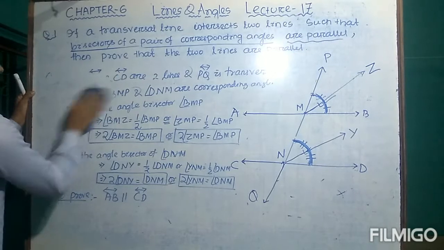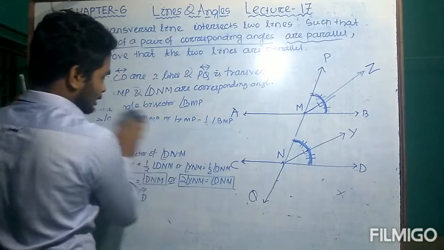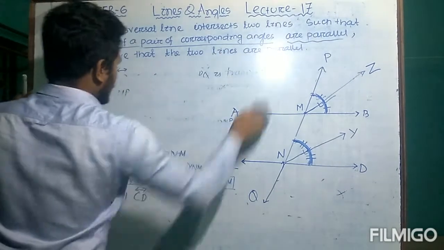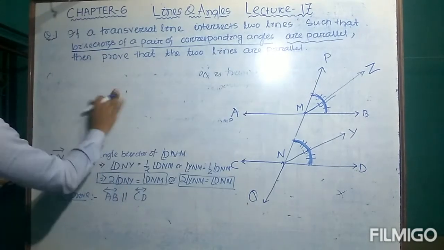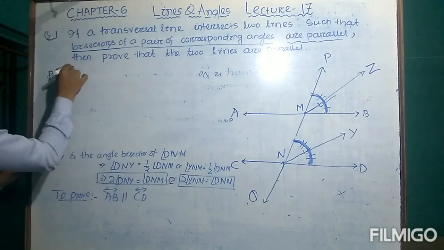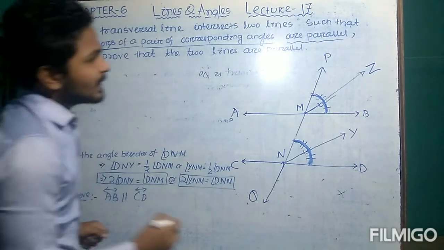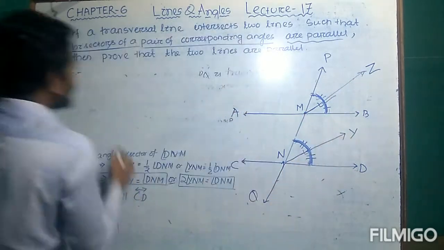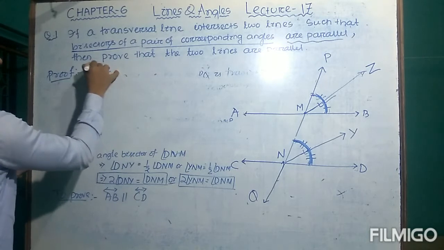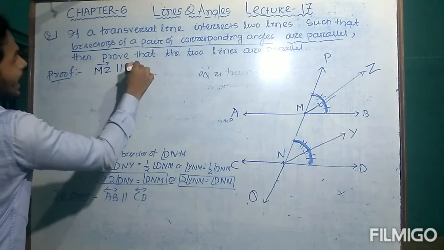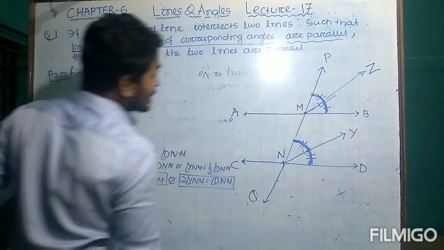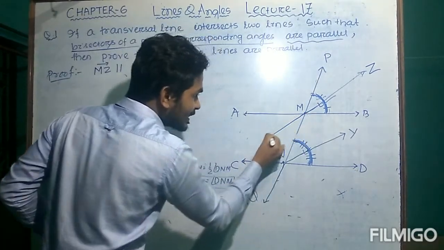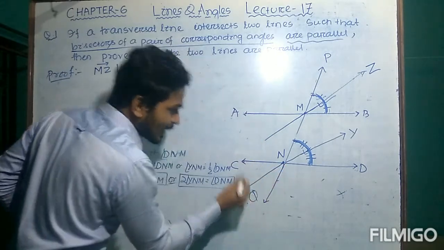Proof. Since MZ is parallel to the line NY, this is given in the question, right? Now extend it in this direction and in this direction.